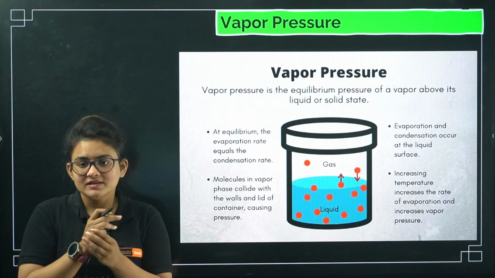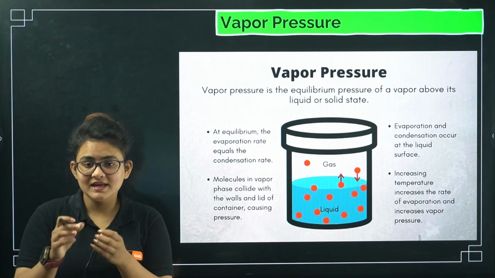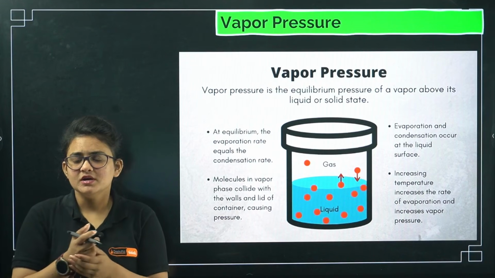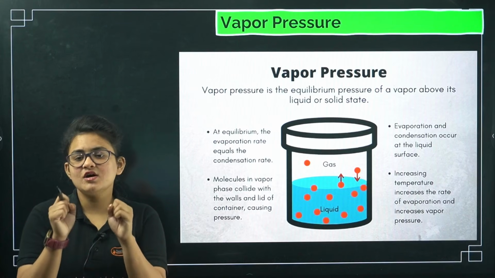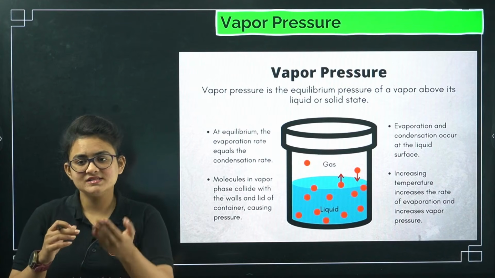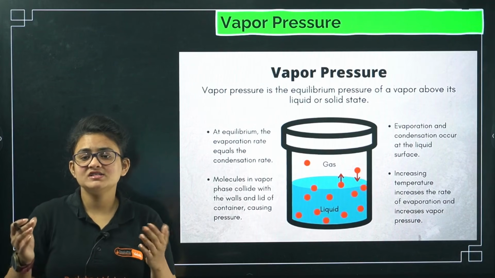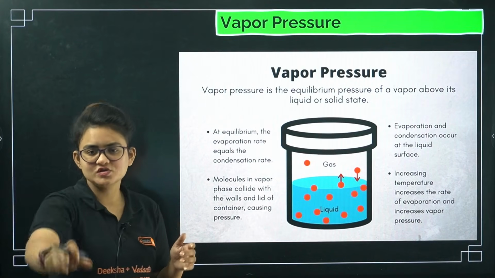The rate of condensation and the rate of evaporation are equal, that's why they exist in equilibrium. So whatever pressure that vapor exerts on the wall of the container is called vapor pressure. Definitely, if you increase the temperature, the rate of evaporation will increase, and as a result your vapor pressure will also increase.